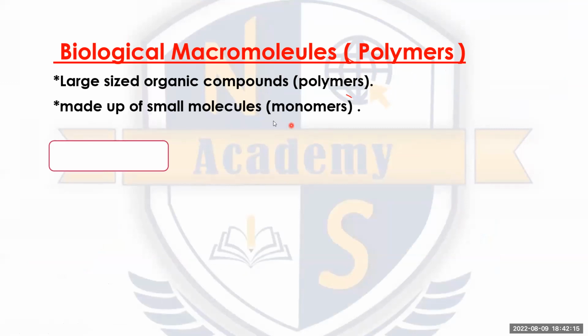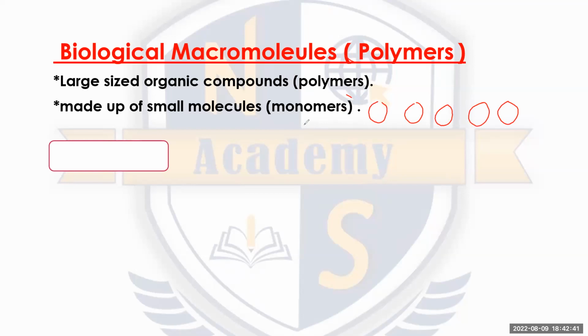So when the monomers join together or combine together, they will form polymers. For example, if we have small balls like this, each one individually is called a monomer.